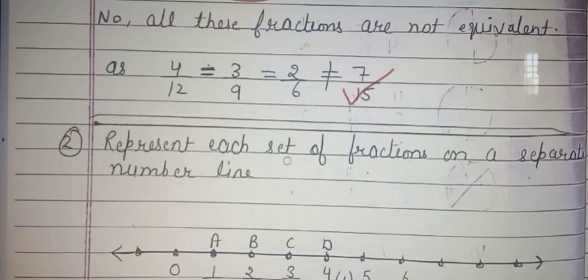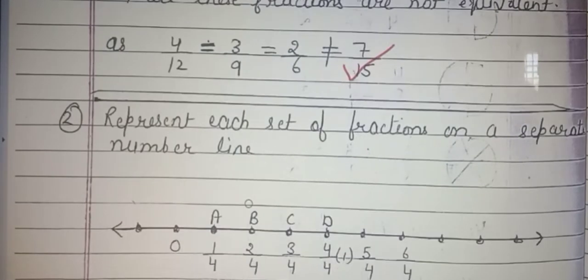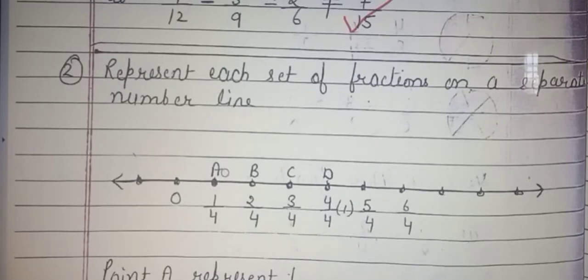Second question, represent each set of fractions on a separate number line. The fractions given were 1 upon 4, 2 upon 4, 3 upon 4 and 4 upon 4. As I already told you in the explanation, how will we represent 1 upon 4, 2 upon 4, 3 upon 4, 4 upon 4, 5 upon 4, 6 upon 4? The denominator will remain the same.